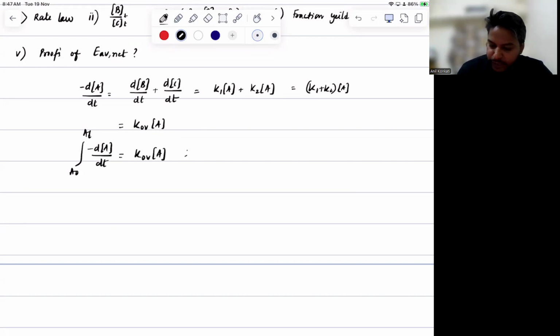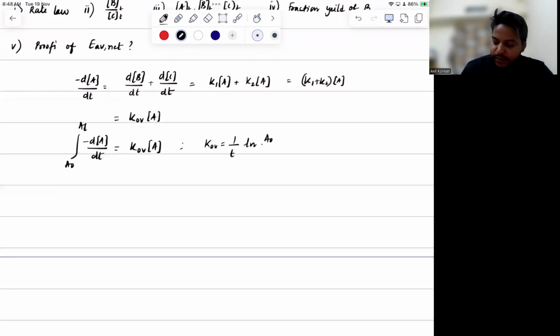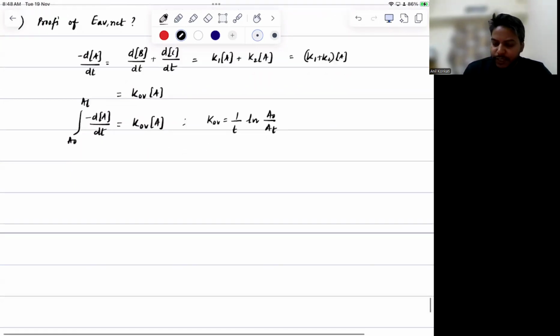So we will get K overall equal to 1 by t, ln A naught by At. This is the equation we will get.